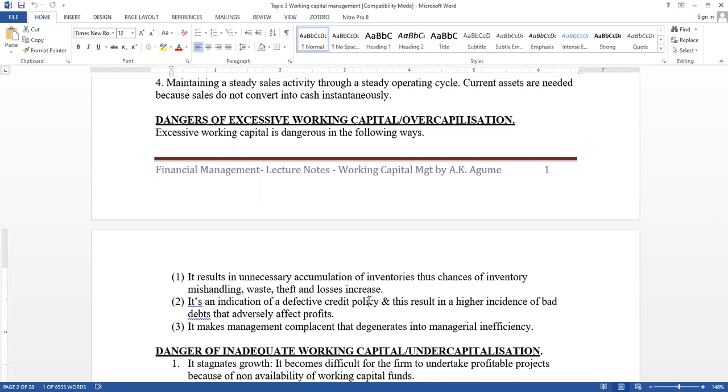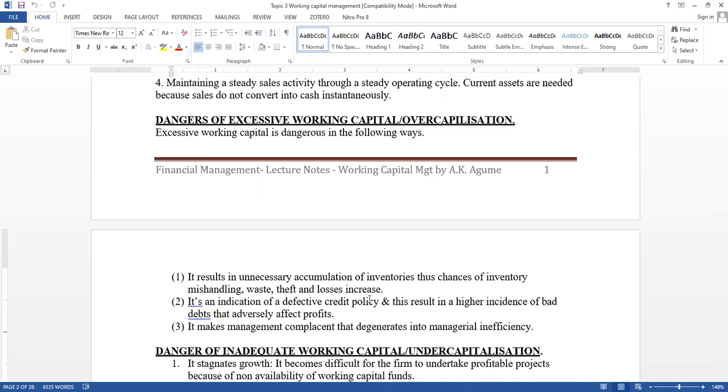And of course, this is dangerous because there is a possibility that those debtors may fail to clear their obligations. Okay, and this may affect profits. And of course, management also becomes complacent. In other words, it results in inefficiency.